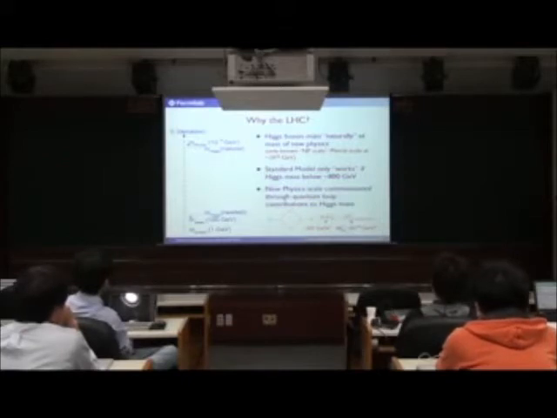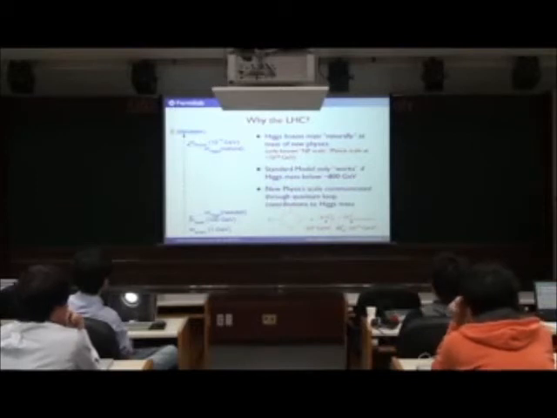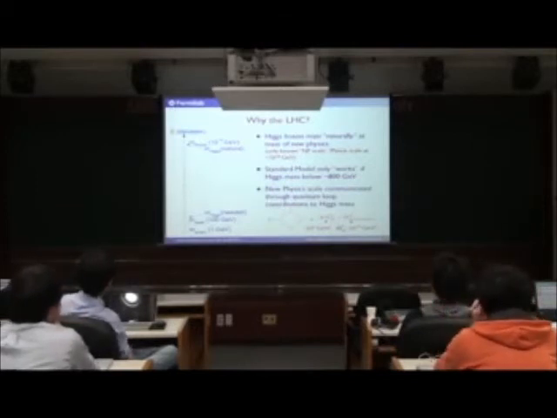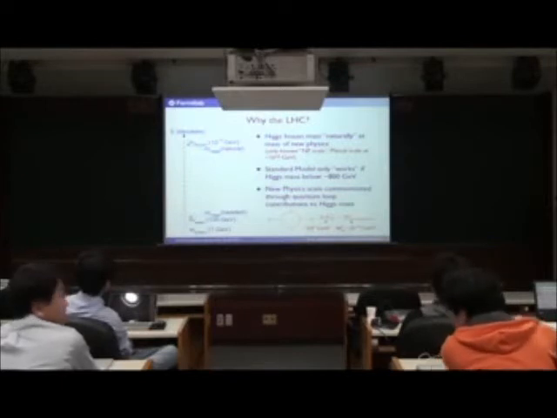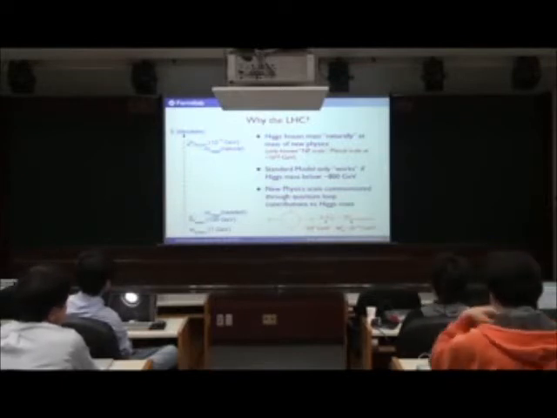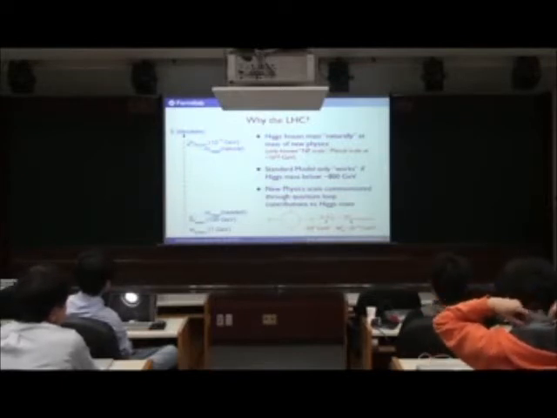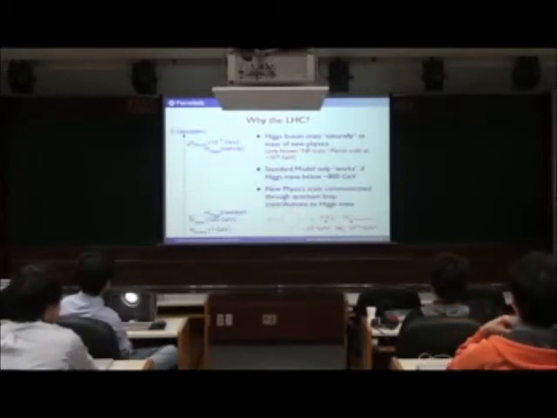The standard model, however, only works if the Higgs boson mass is down here, close to the electroweak scale. The reason for this is that any new physics that we have at some higher scale is communicated to the Higgs boson through quantum loop contributions to the Higgs mass. So the change in Higgs mass due to loops like this is proportional to the mass squared of new physics.